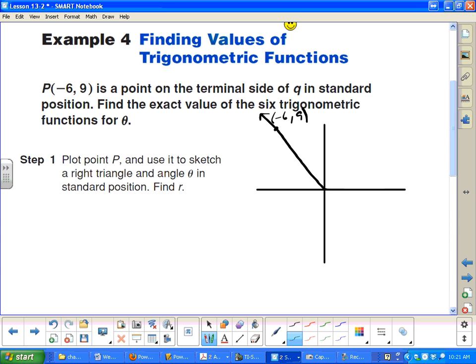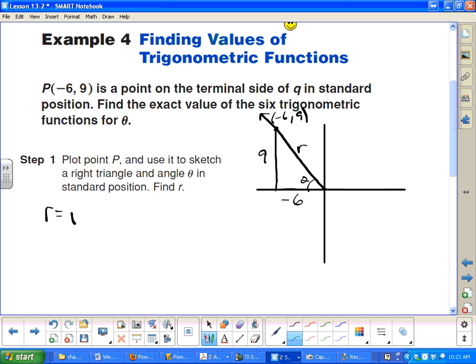So we could think of it as a right triangle here using the reference angle to find this, where x, or the horizontal side of our right triangle, is negative 6. The vertical side of the right triangle, or y, would be 9. So now we need to find our hypotenuse, r.